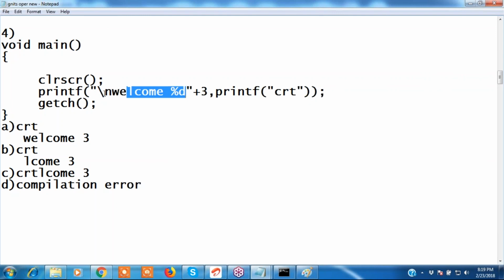Answer is C. Why? Because it is not executing slash n. Check it. Yes, sir, it won't print in the next line. This is not correct, B. C is the answer.